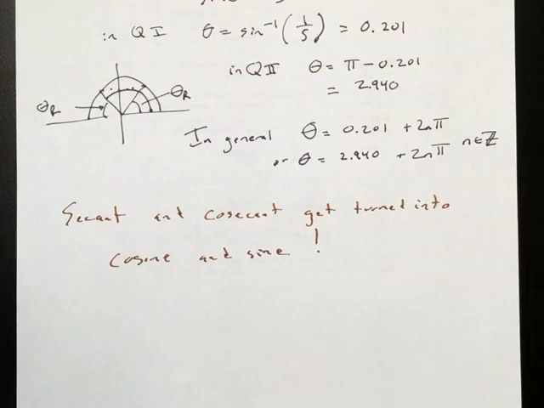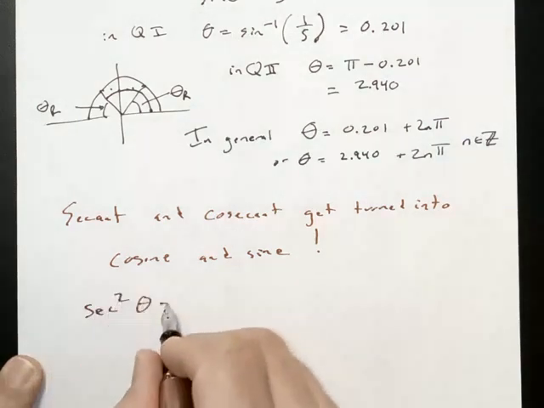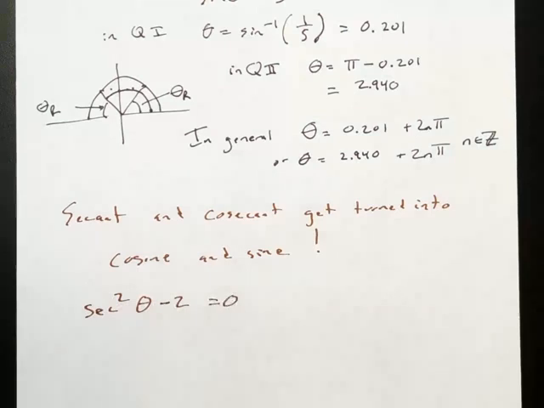So I don't have to do anything different if I'm working with an equation in secant. I may have to be careful about what I do. Let's try this one.